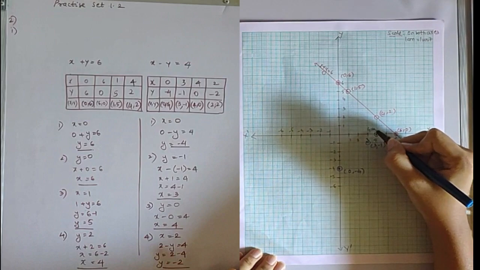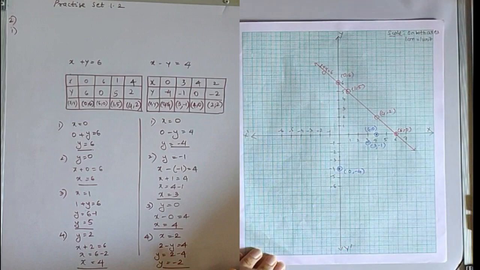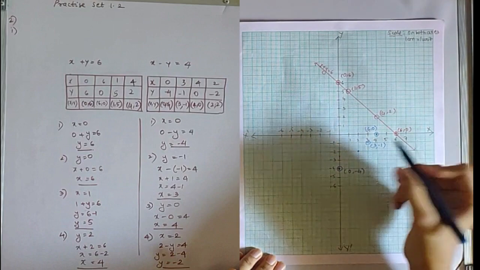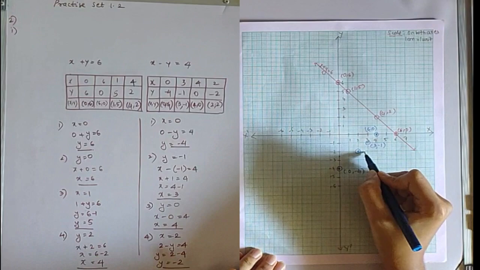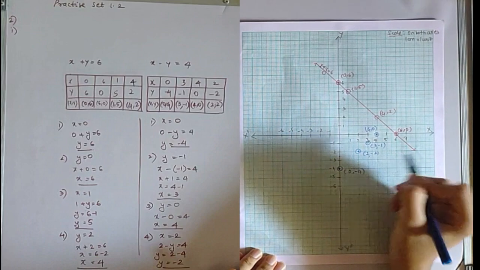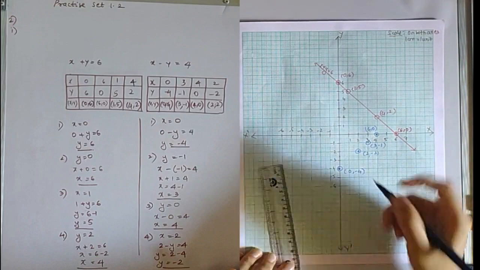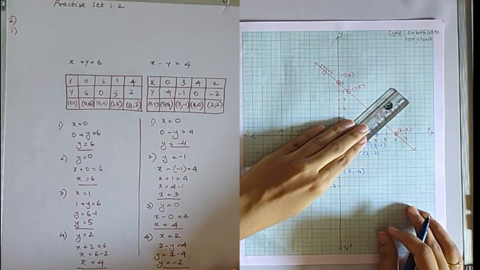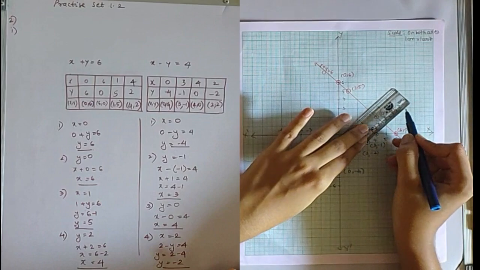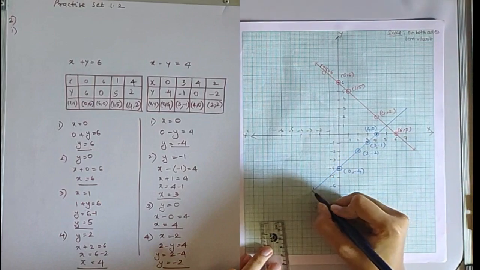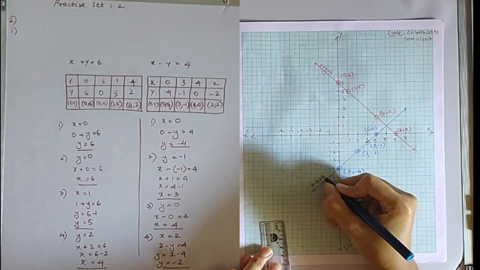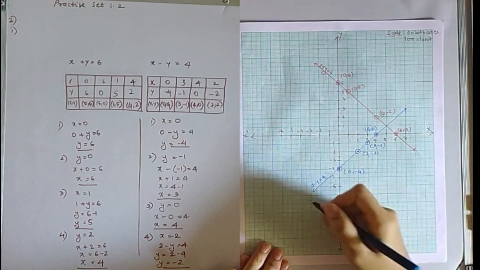And 2 comma minus 2, which will be 2 on the x-axis and minus 2 on the y-axis. Fine. Now these are my 4 points and I need to draw a line through them, and also write the equation: x minus y is equal to 4.